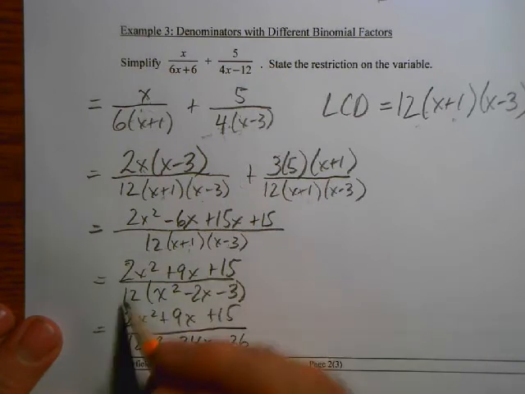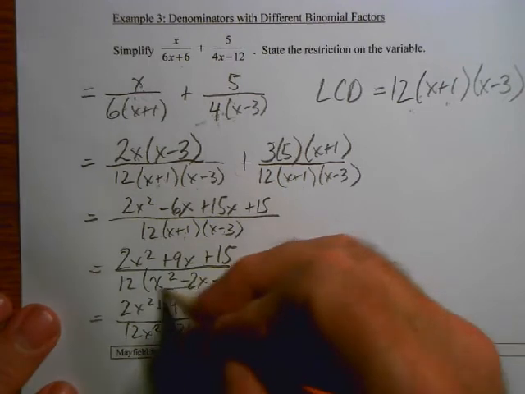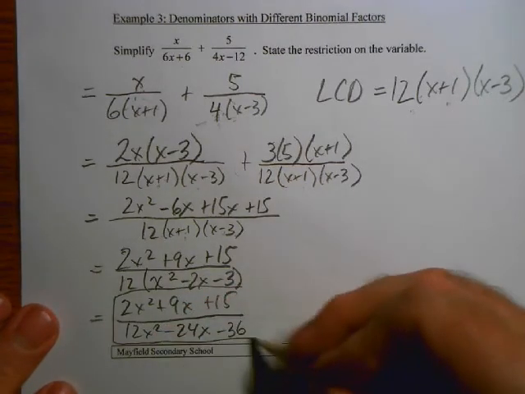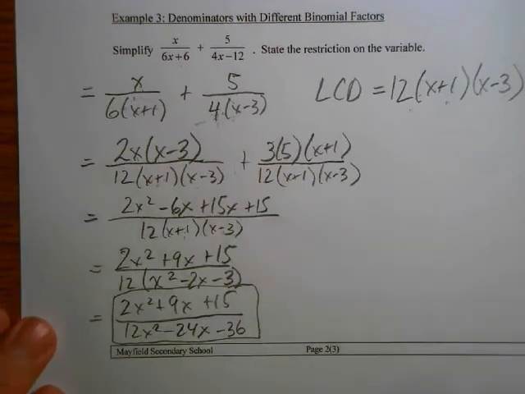I'm just multiplying the 12 with each of those terms, and this is indeed our final answer. Now, as I've mentioned before in the previous lessons, I always want your final answer, your simplified answer, to have no brackets. Now, on the next page, I'm going to show you a situation where I'm going to override that rule. But for now, if it's just multiplying two binomials, I want you to do that.